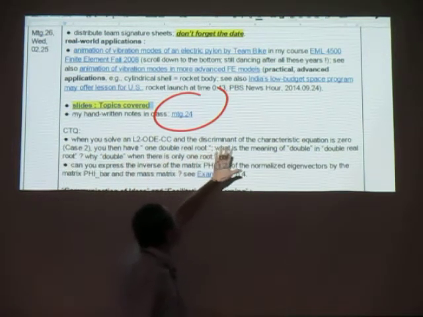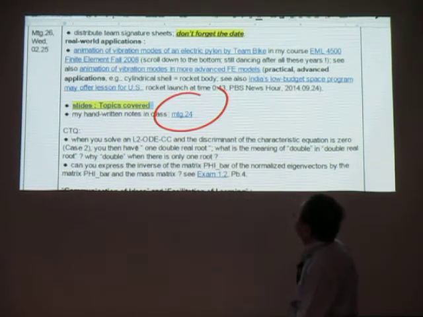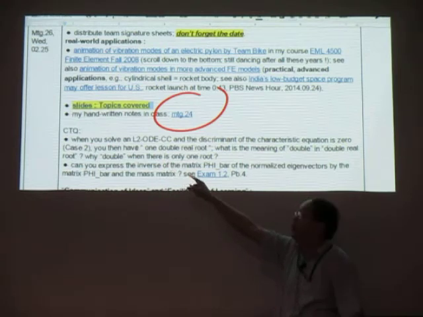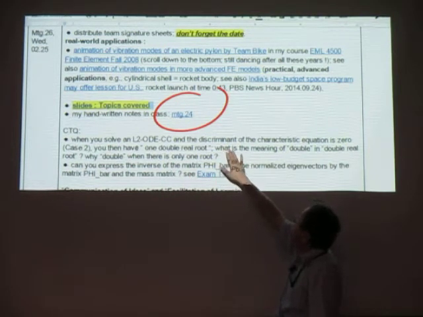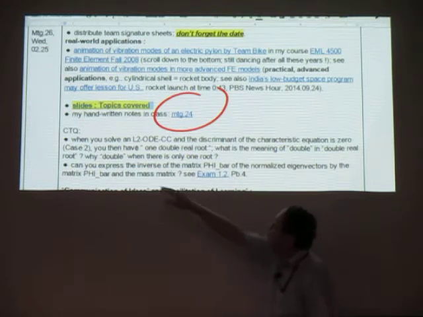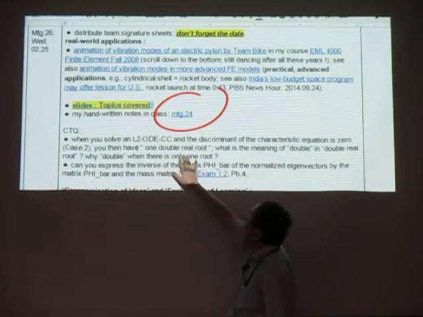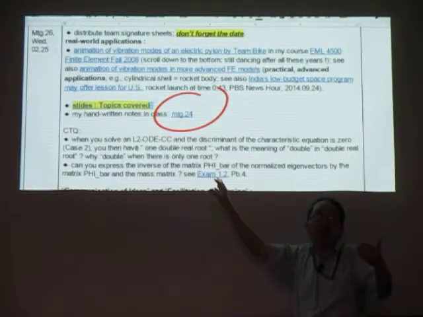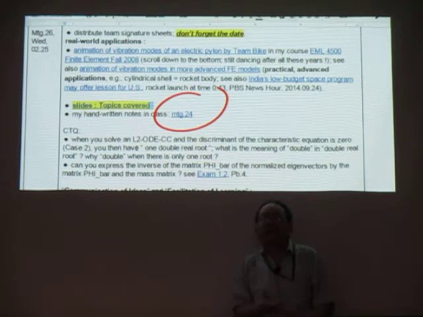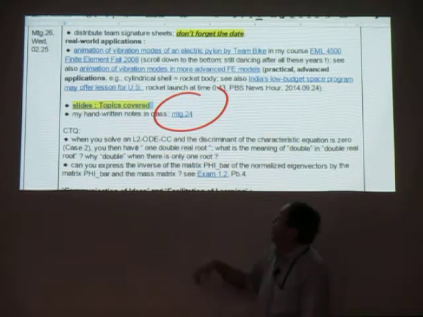The first critical thinking question is, when you solve a linear second order ODE with constant coefficients, and the discriminant of the characteristic equation is 0, right? That's case 2, and you have one double real root. And this is not the first time you saw this in differential equations. You saw it in the extra lectures in my course, and also in my lectures in class as well.